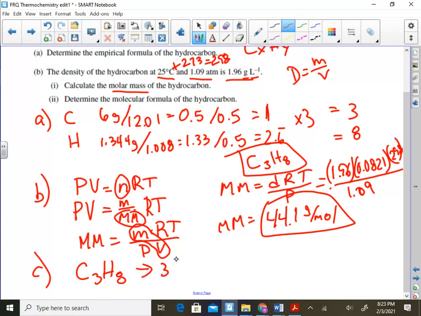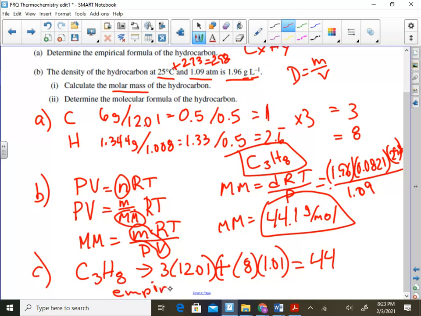If we have 3 carbons and we have 8 hydrogens, we get 44. So the empirical formula mass is the molar mass. So the empirical formula is the molecular formula.